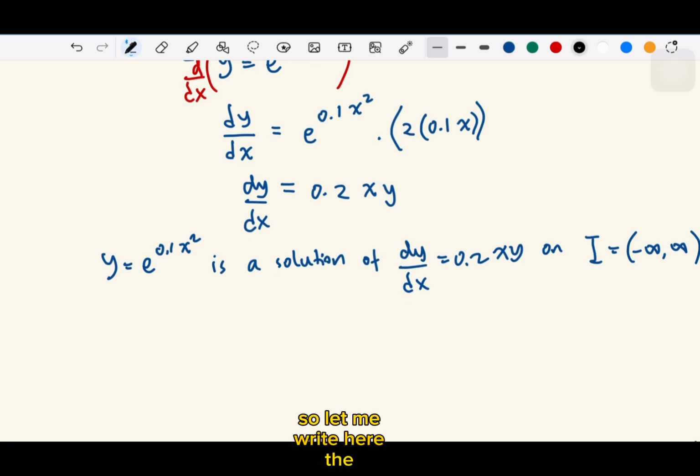So let me write here the solution for an ordinary differential equation.